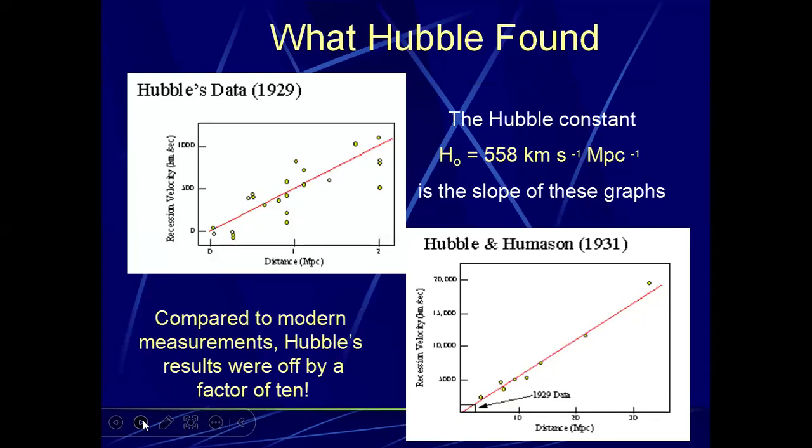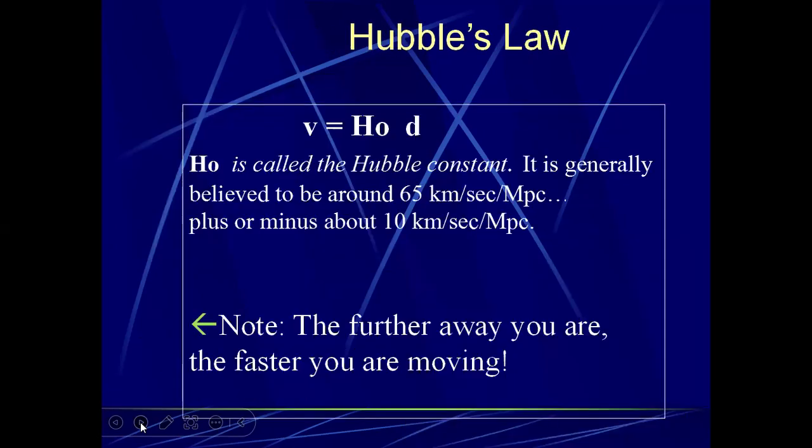So what Hubble found, the Hubble constant, is the slope of this graph, compared to Mason in 1931. According to Hubble's law, velocity equals H naught multiplied by d.